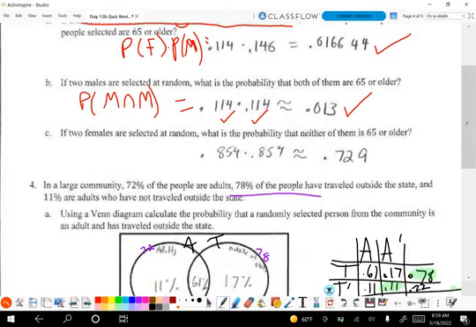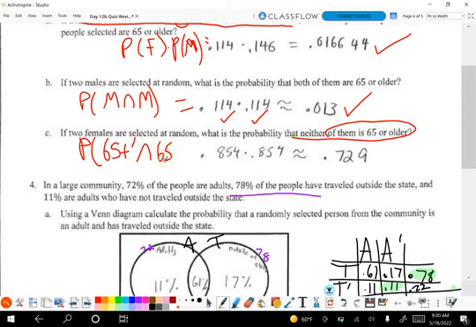If 2 females are selected at random, the probability that neither of them is 65 and older is the probability of not 65 plus intersection with not 65 plus. Remember, I'm doing complements. Since the probability of being a female over the age of 65 is 0.146, in order to figure out when they are not that age, it's going to be 1 minus 0.146.